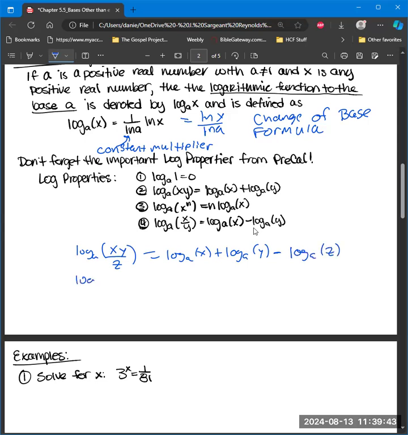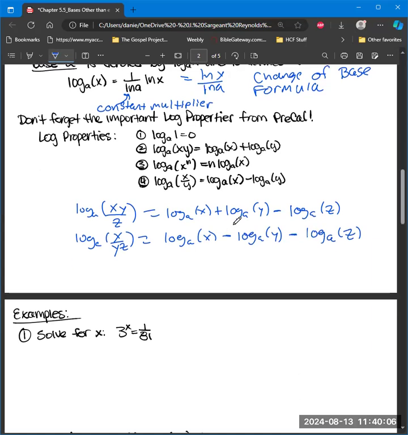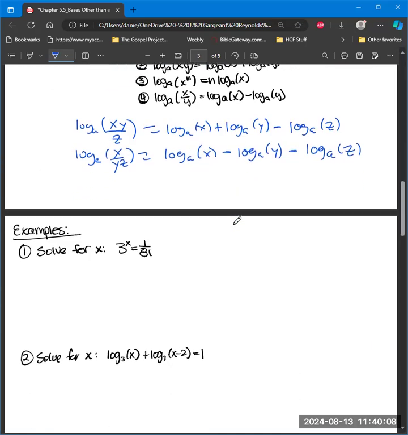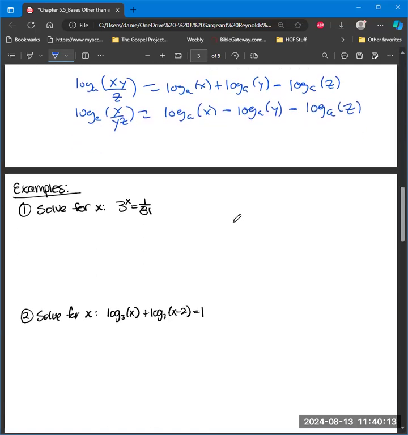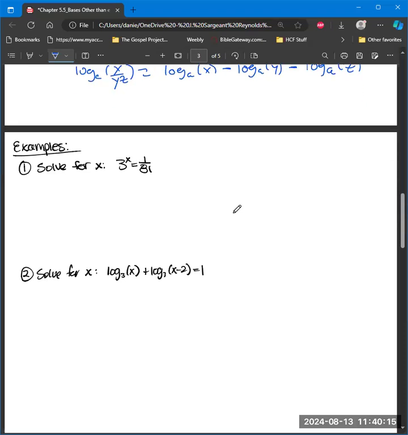If I had log base a of x over yz like that, that would be log base a of x minus log base a of y, since the y is in the bottom, minus log base a of z. So hopefully you picked that up in pre-calculus when you expanded your logarithms. If not, now you have a simpler way to not need to do quite as many steps for your expansion using your log properties there.